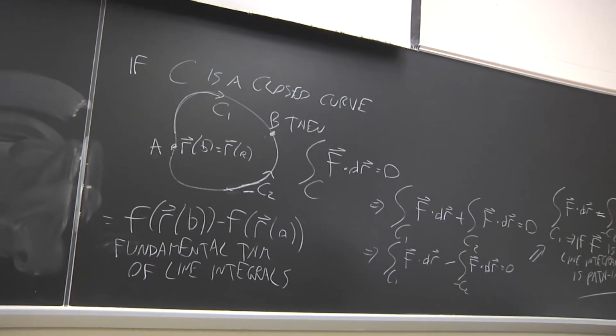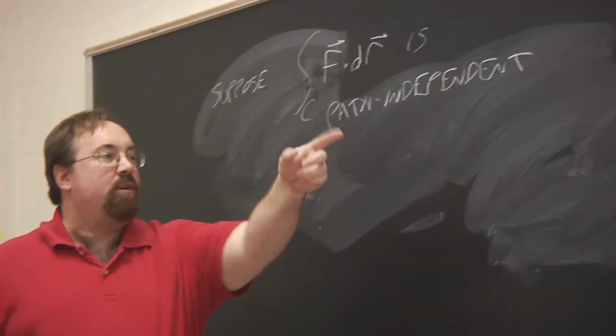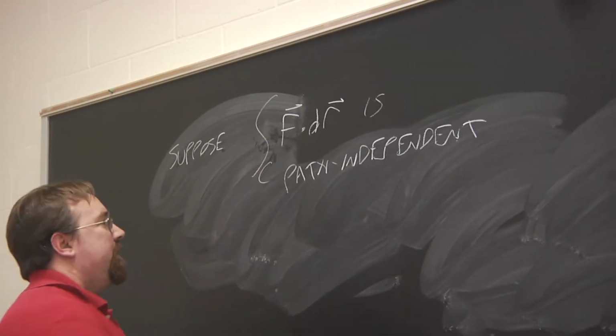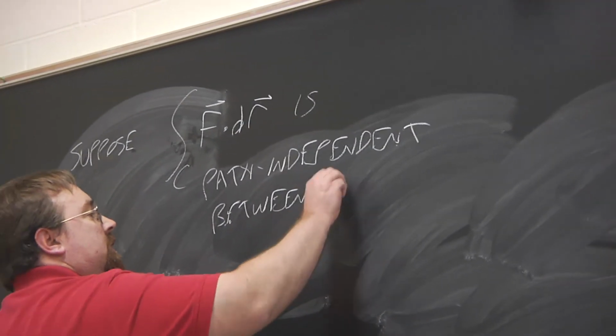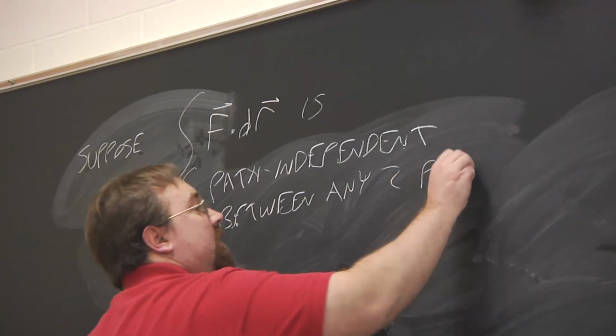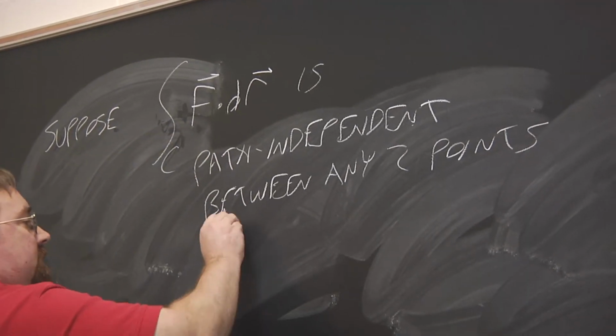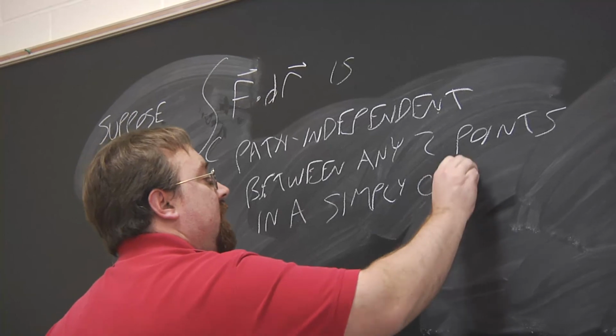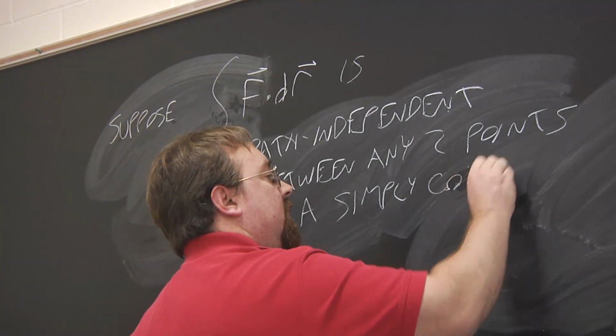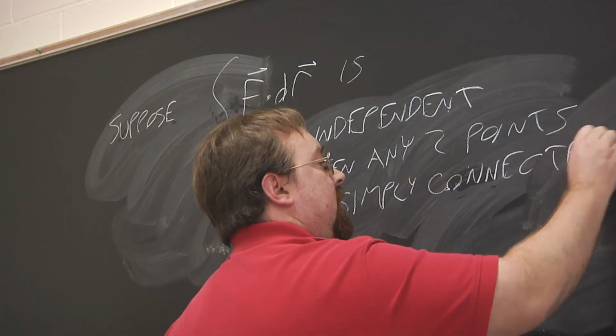Now this being equal to 0 is the same as saying this is path independent between any two points in a simply connected domain.